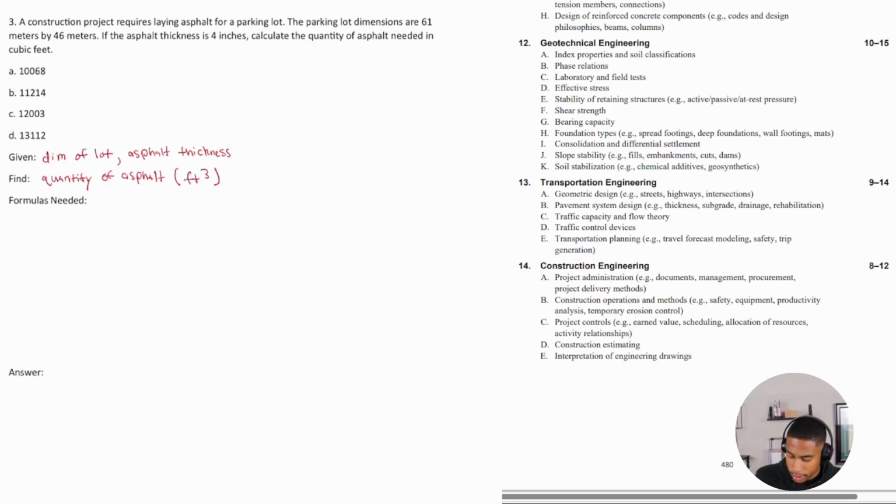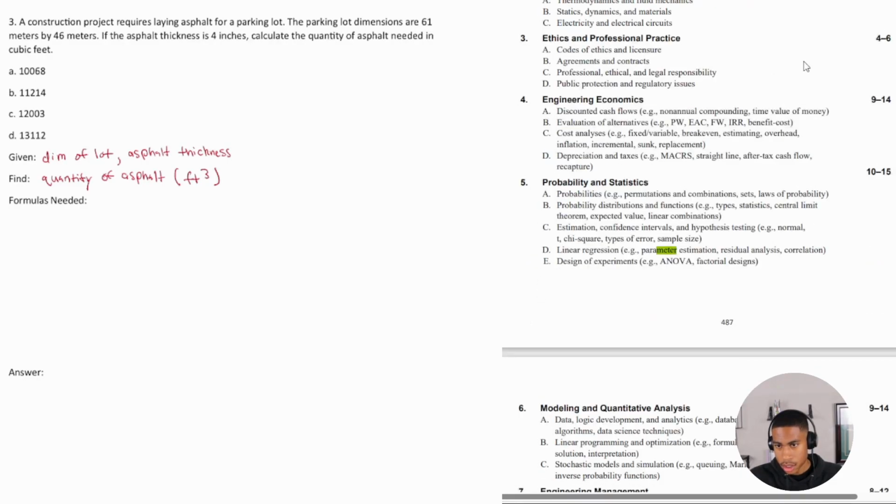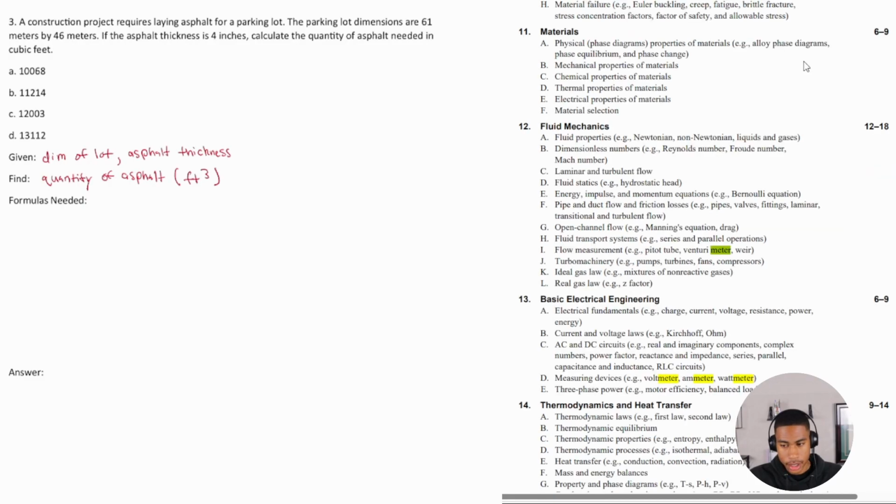So I need a meter to feet conversion. So we can look through the handbook for that. We can do meter and search.